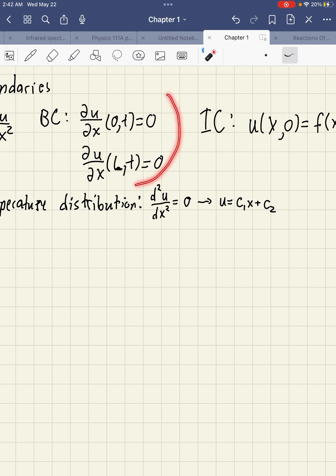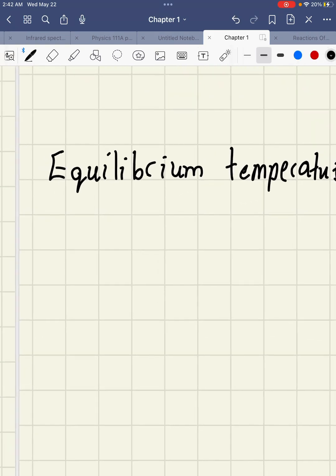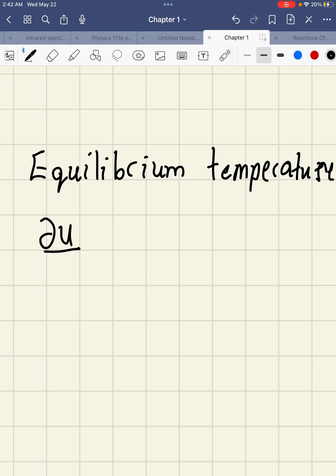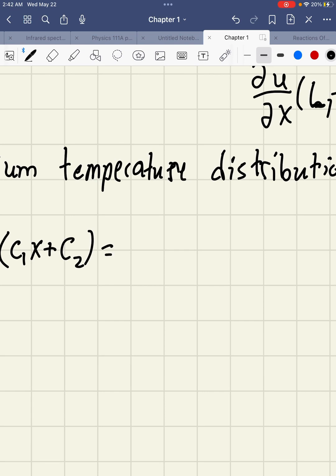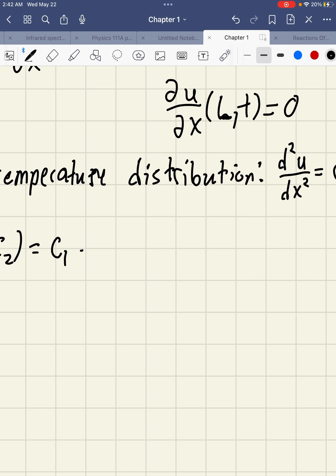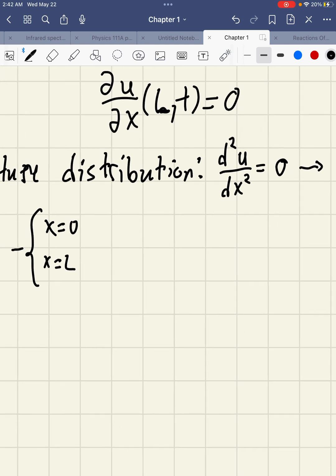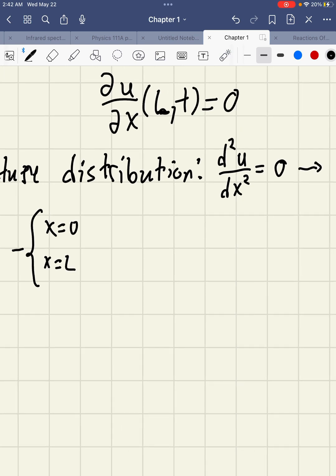Now, my partial u partial x is equal to the derivative of c1 x plus c2, which is equal to c1. Since at x equal to 0 or x equal to L, the partial u partial x is equal to 0, therefore my c1 is equal to 0.